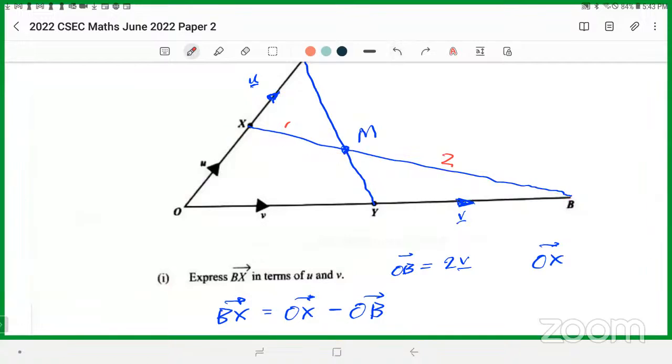So therefore this is 2/3 of BX, and this length is 1/3 of BX. But you can appreciate that before we move on.